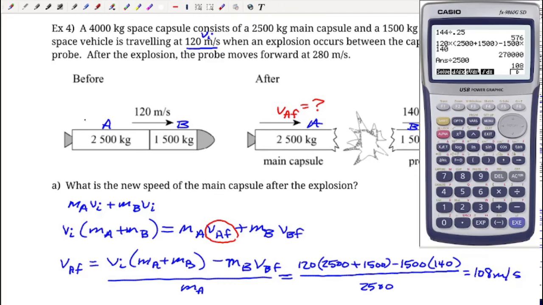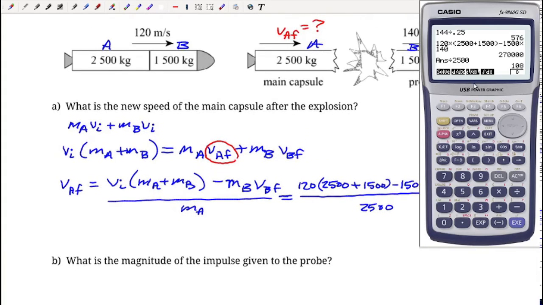And in the case of this question, I could call this to the right. They say forward, so I could say 108 meters per second forward as being the positive direction. Since they give me a diagram, I'm fine with you also calling forward to be right, if that helps you out. So the capsule is still moving in the same direction as the probe, it's just slowed down and the probe has sped up. We're going to keep going.